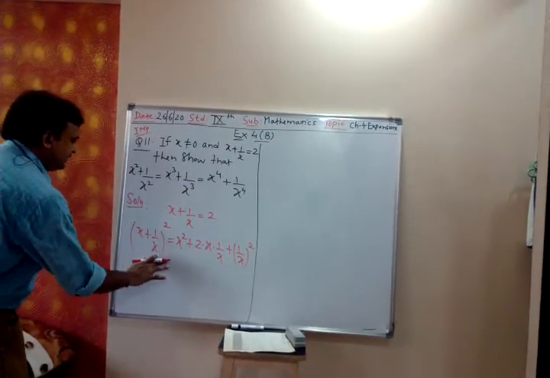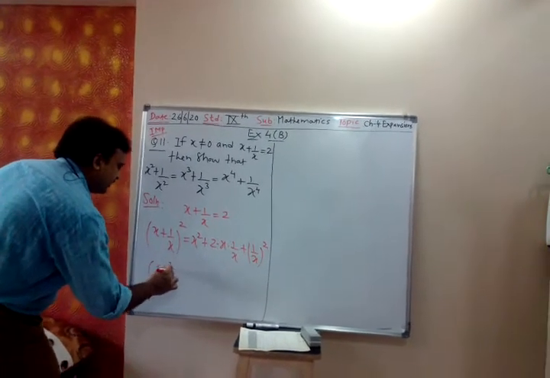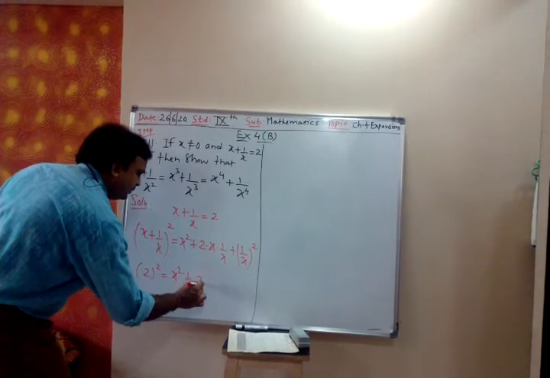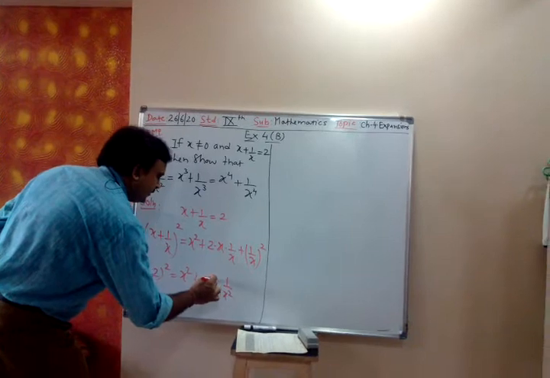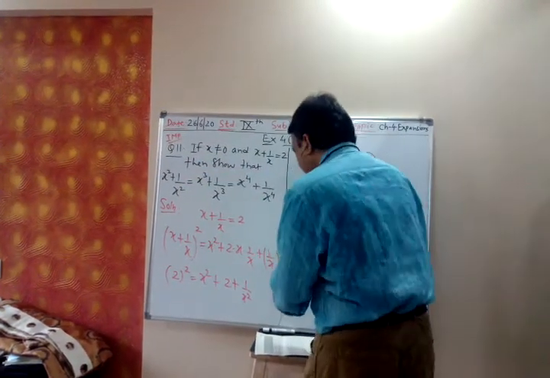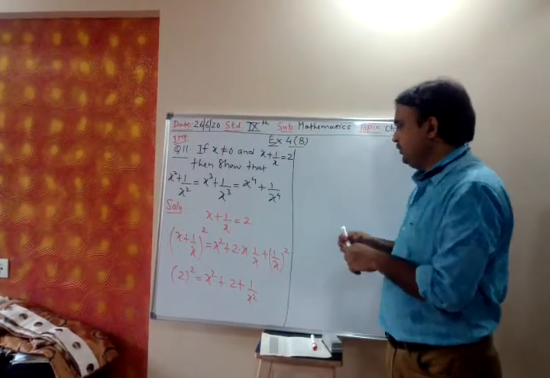So that is x plus 1 upon x. This value is given 2. So 2 square is equal to x square plus, x's get cancelled, 2 plus 1 upon x square. Now 2 square is 4.